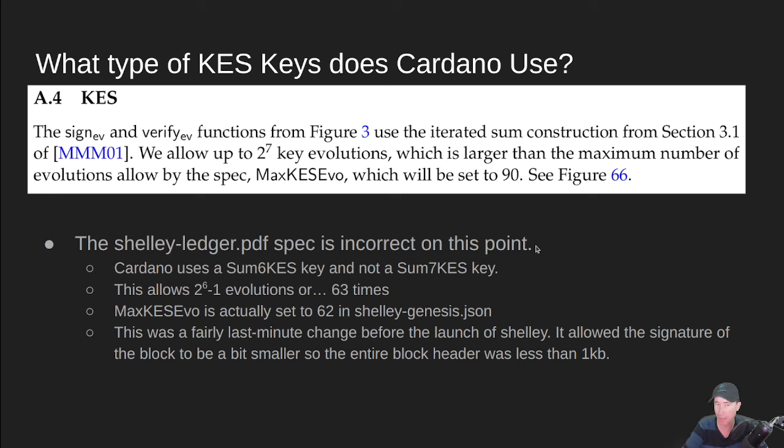They wanted to make those a little bit smaller and get them down under a kilobyte so they could, I assume, be sent in one TCP frame. That's the main reason for the change, even though if you read the spec, it's not quite up to date. So they'll have to go back and correct that at some point.